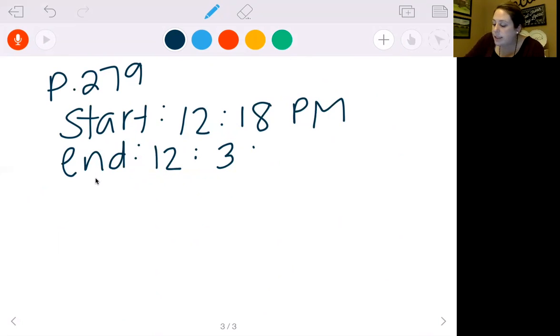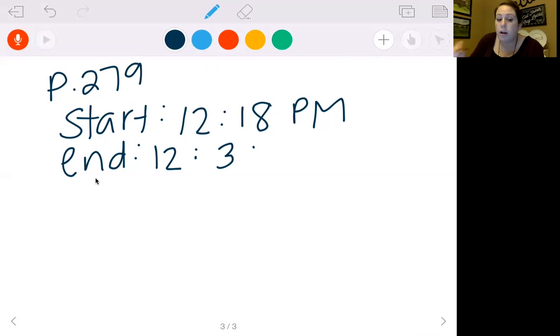If you have the same hour, so we are staying in between the 12 o'clock hour, all we have to do is take 39 and subtract 18. We're finding the difference, and remember the difference is subtracting. So 9 minus 8 is 1, 3 minus 1 is 2. So the elapsed time is 21 minutes.